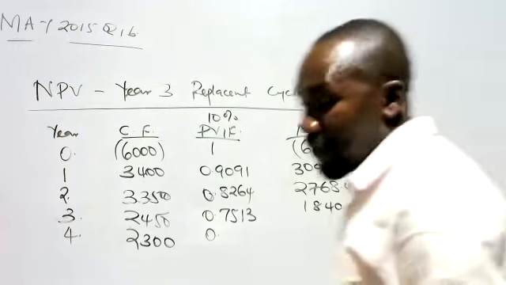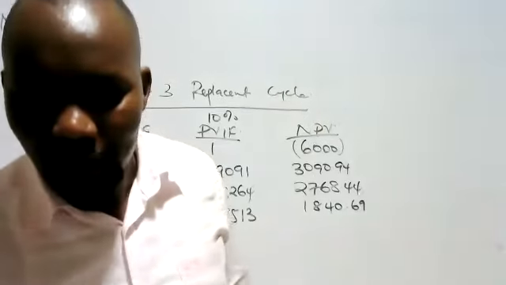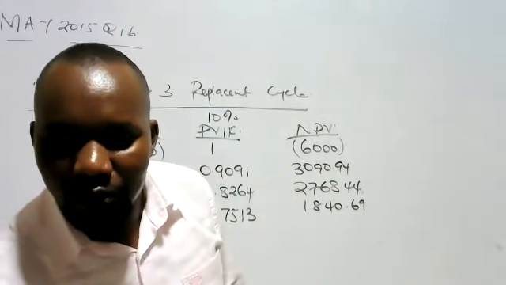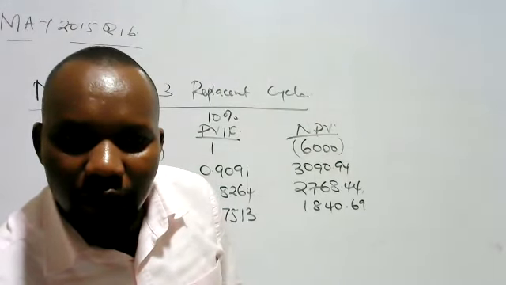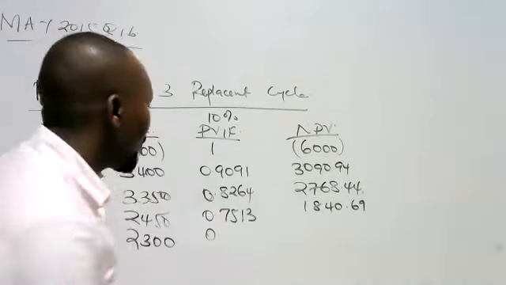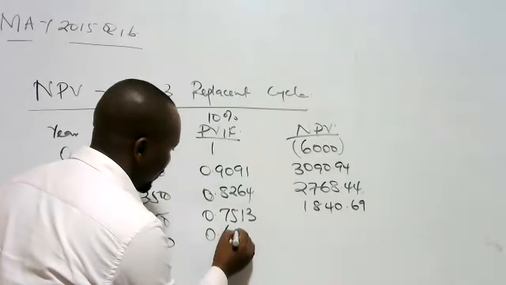Discounting factor for year 4. We are almost done. I also need to go back to my column. 0.6830. 0.6830.